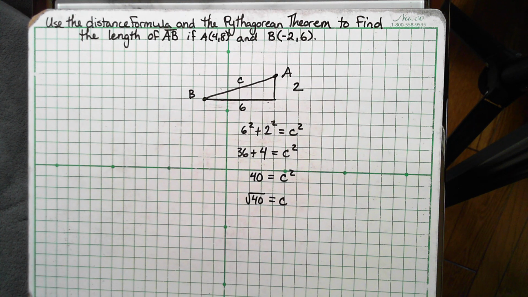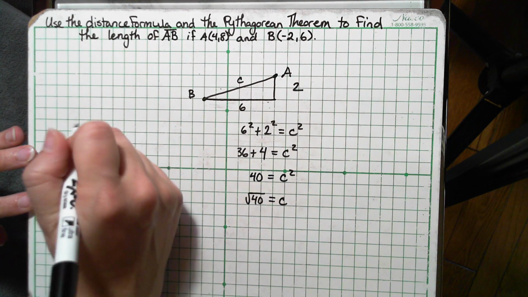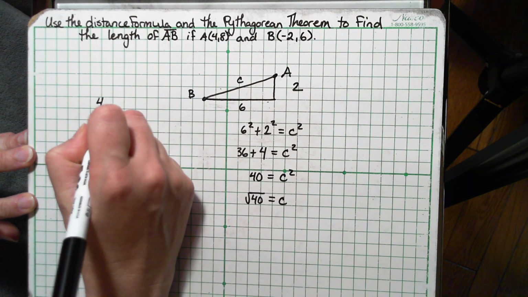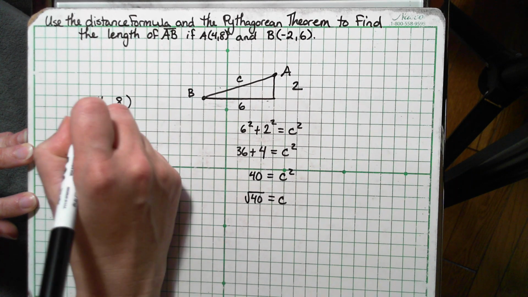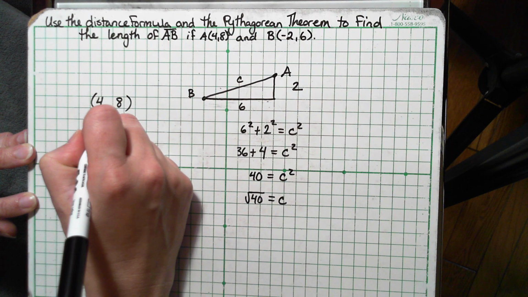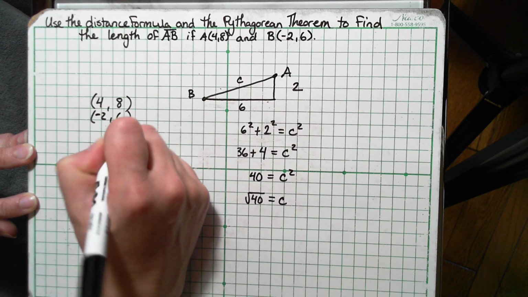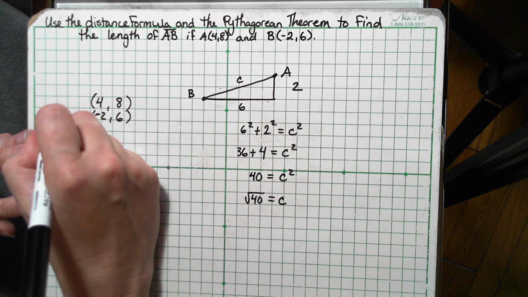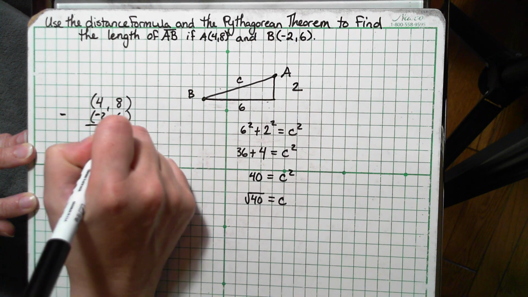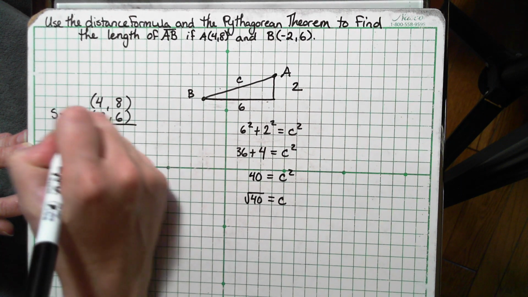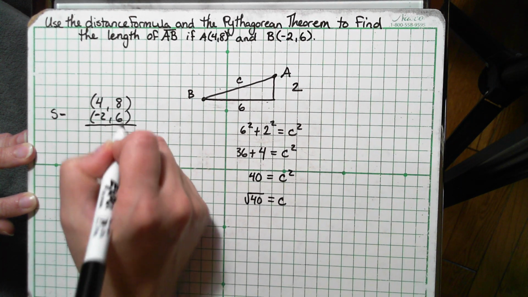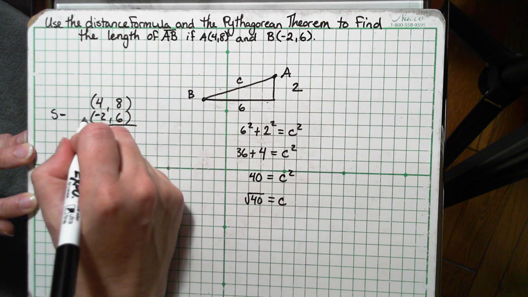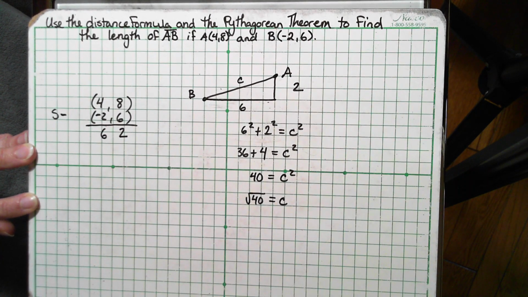Now, they also wanted us to use the distance formula. So I'm going to go through those steps that I told you in the last example. I'm just going to line everything up. -2, 6. And I'm going to subtract. Okay. So 8 minus 6 is 2. 4 minus -2 is 6.